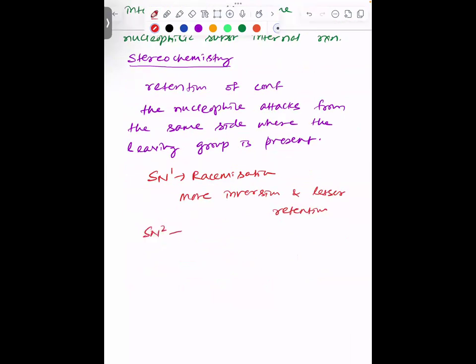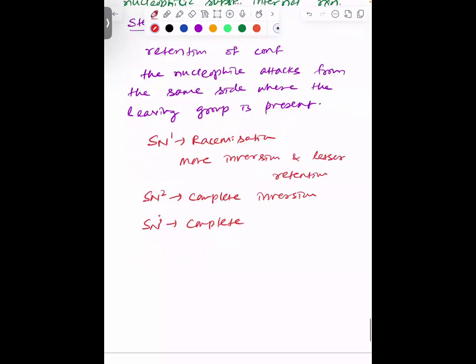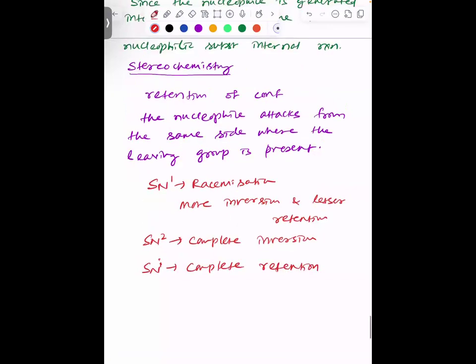SN2: complete inversion. SNi: complete retention. Note down. Take 2 minutes and quickly note this down.